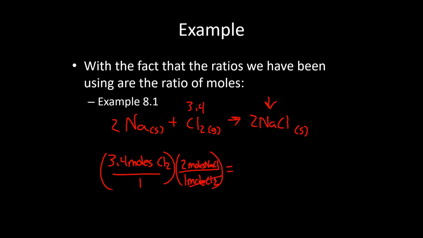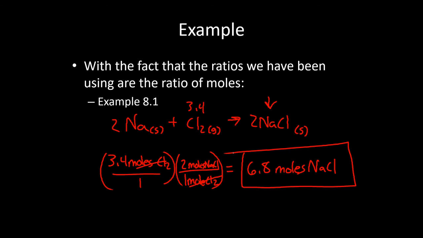So then, our moles of chlorine cancel out, leaving us with 6.8 moles of sodium chloride. So assuming we had more than enough of the sodium, and the 3.4 moles of chlorine reacted, we would make 6.8 moles of sodium chloride.